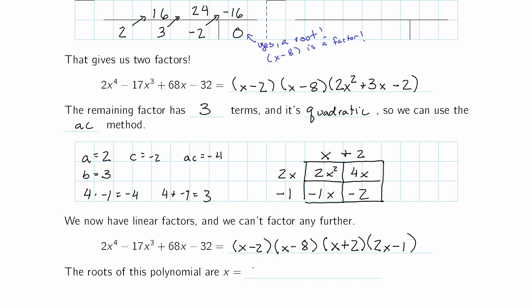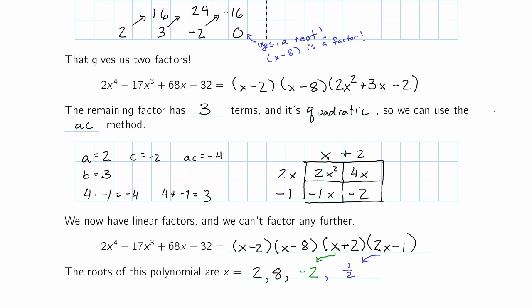So the roots are 2, which we found by trial and error, 8, which we found by trial and error, and then that factor is x minus negative 2, so negative 2 is a root. And then this factor corresponds to the root positive 1/2. And notice, just as we predicted, 3 positive, 1 negative.